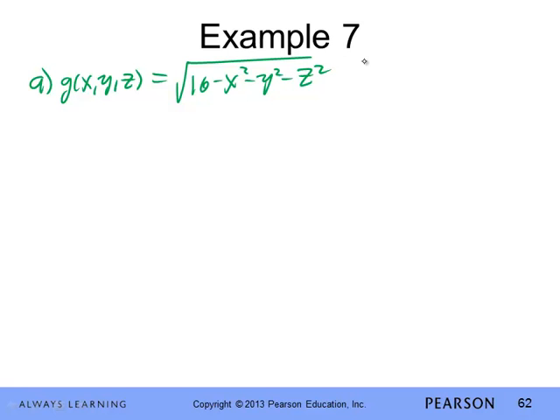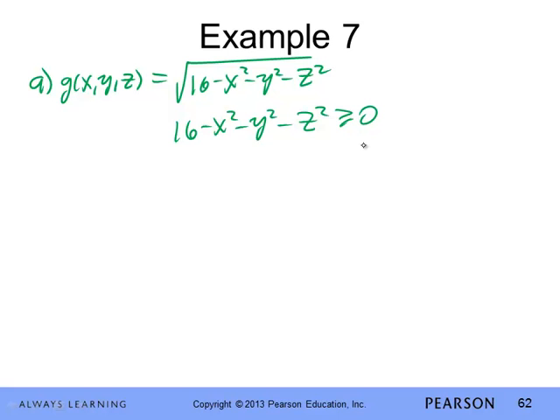What is the domain of this function? Set the radicand, 16 minus x squared minus y squared minus z squared, greater than or equal to 0, and then figure out what the domain is in 3 dimensions here.